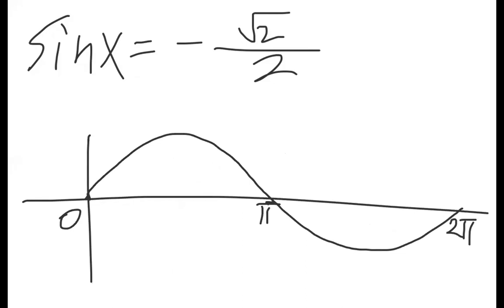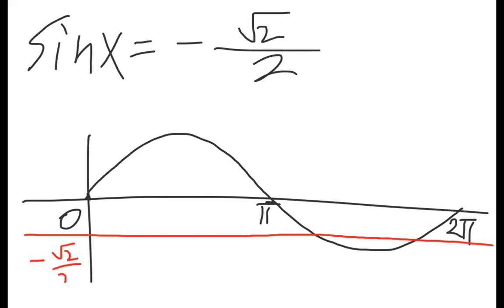So this is the graph of sine x, and we look at the intersection with minus square root of 2 over 2. Immediately you see an intersection here and an intersection here.